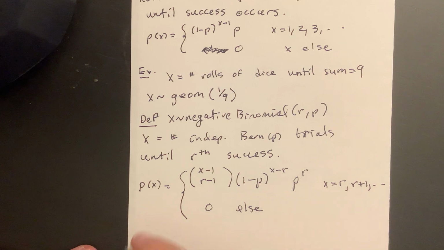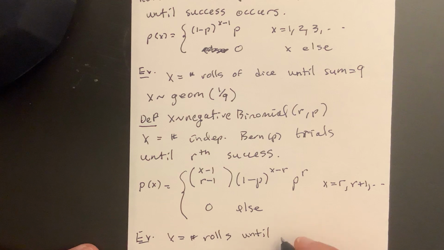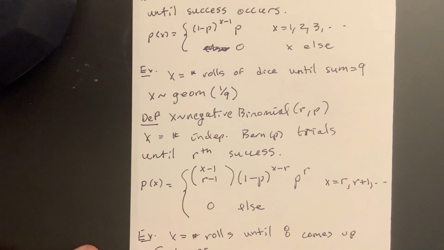Okay, so for example, let X equal number of rolls until an 8 comes up 5 times. Well, probability of 8 is 5 over 36. So let's say probability X equals 17.